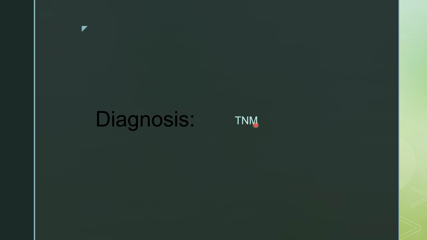Now, M is all about metastasis or not, whether we are dealing with distant metastasis or not. So M0 means there is no distant metastasis. M1 means it has metastasized beyond the pelvic region.